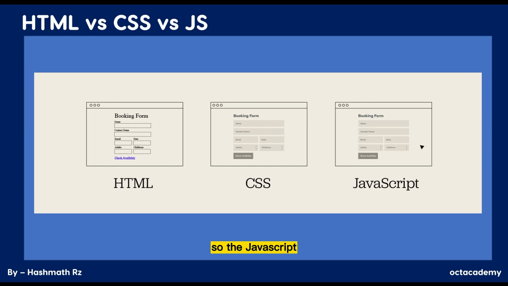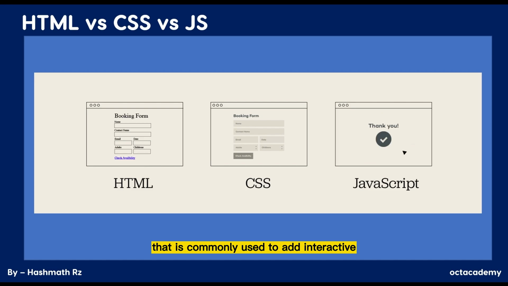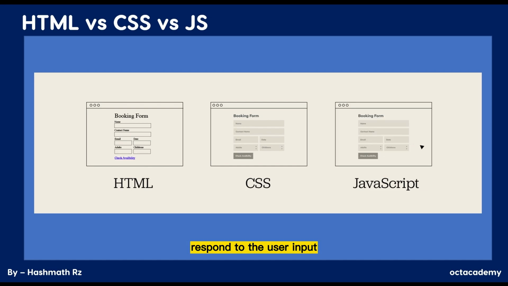So JavaScript, on the other hand, is a programming language that is commonly used to add interactive and dynamic behavior to web pages. It allows you to do things like respond to user input, update page content, and many more. So think that you want to do something when a user clicks on a button, you can do that using JavaScript.